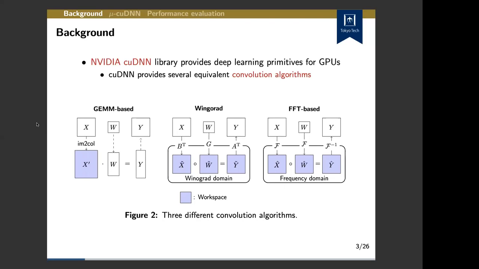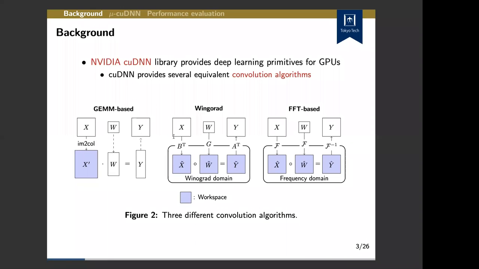An interesting point of cuDNN is that it provides a wide variety of convolution algorithms, including GEMM-based convolution, where the input tensor X is transformed by using a function called im2col, so that the following GEMM with the weight matrix becomes equivalent to convolution.